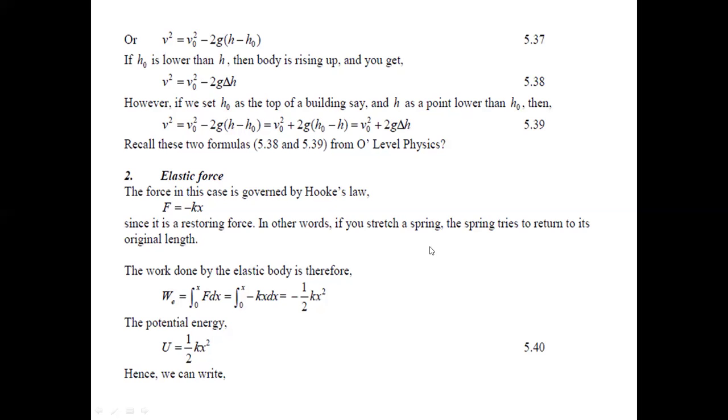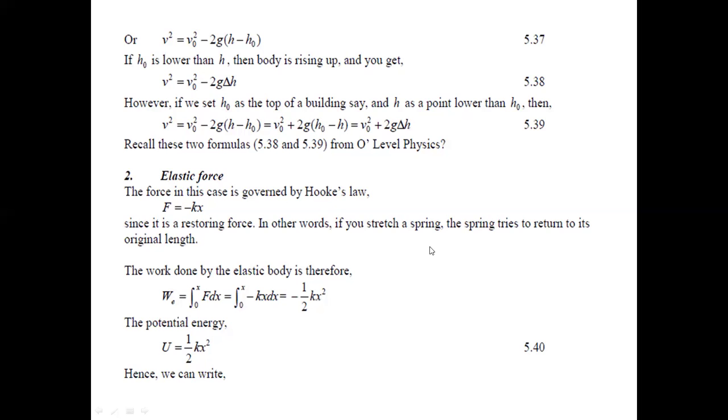If h naught is lower than h, then the body is rising, and you get v squared equals v naught squared minus 2g delta h. However, if you set h naught as the top of a building, say, and h a point lower than h naught, then v squared equals v naught squared minus 2g into h minus h naught. Put all that together, you arrive at v squared equals v naught squared plus 2g delta h. We call these two formulas in O level physics, of course you do.